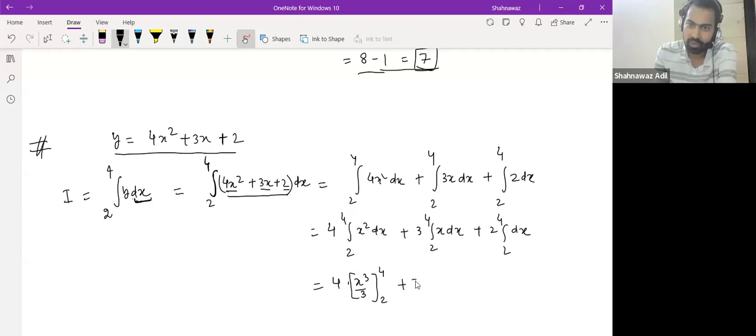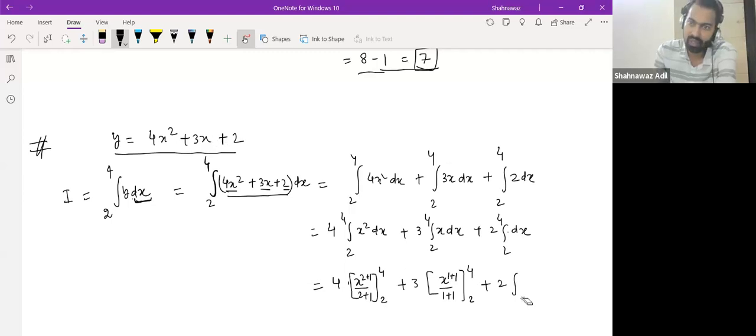And this is 3 by 2. So let me write it so that I don't skip any. This is 2 plus 1 divided by 2 plus 1. This is 1 plus 1 divided by 1 plus 1. And so this is x to the power 0, right?